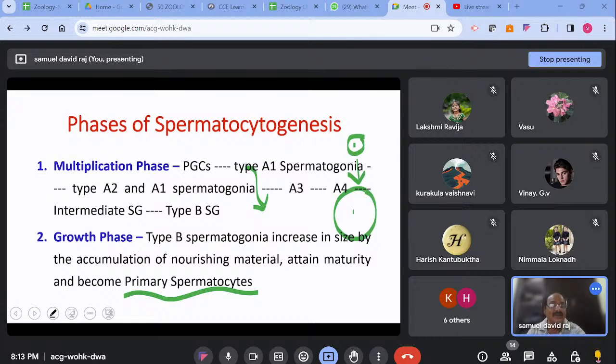Why? Because it undergoes two meiotic divisions, so that the cells formed should not be very small. With the first division it is half the size, and with another division one-fourth the size, and this size is not maintained. In order to maintain this size, it has to increase, so that when it divides, it produces cells of the required size, and these are called primary spermatocytes that are formed during growth.